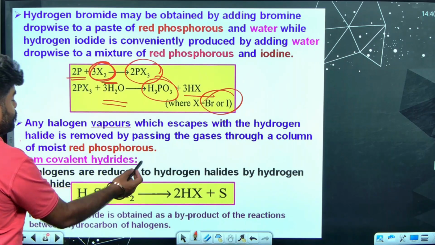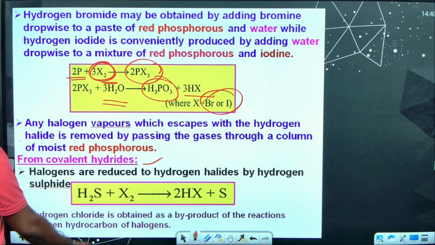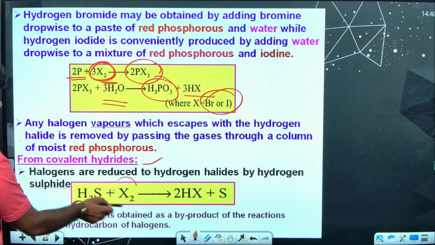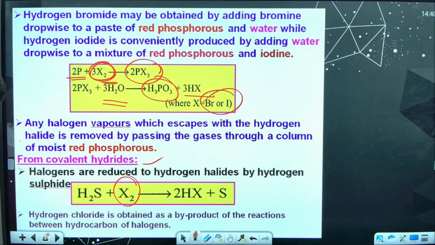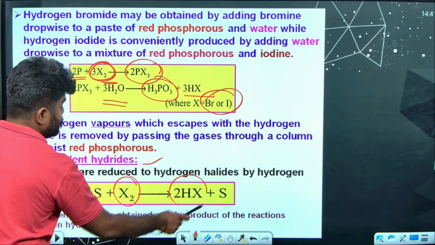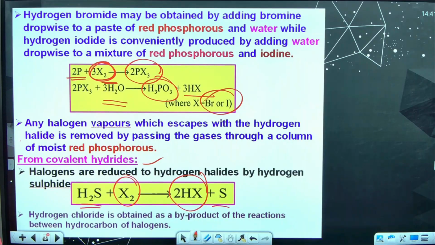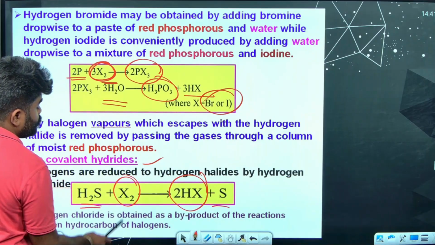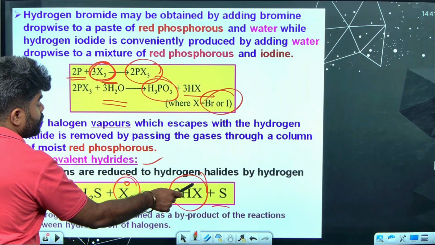Next is from covalent hydrides. இப்போது நம்மளுக்கு if you want hydrogen bromide, if you treat it with hydrogen sulfide, what happens is you get HBr with sulfur as the byproduct. So here you see halogen is being reduced. ஏன்னா இங்கே oxidation state 0, இங்கே -1.